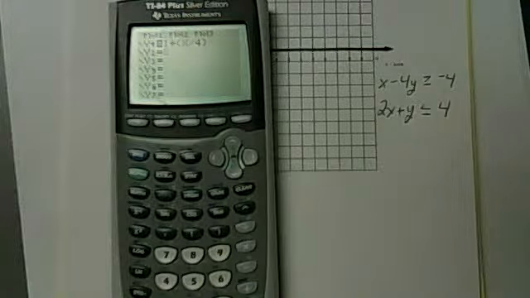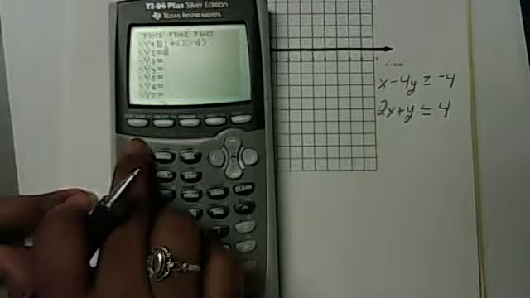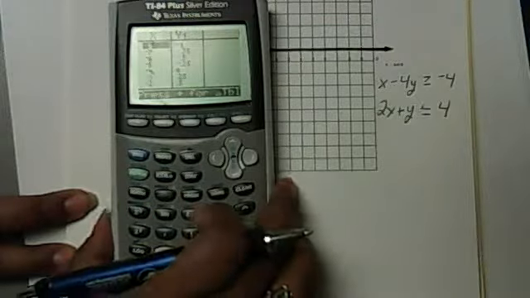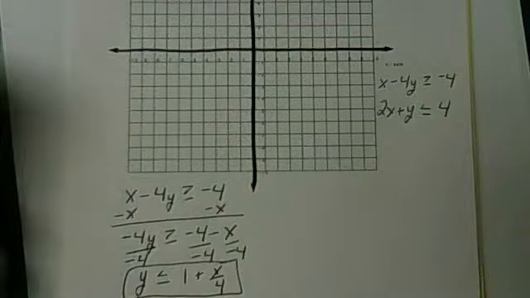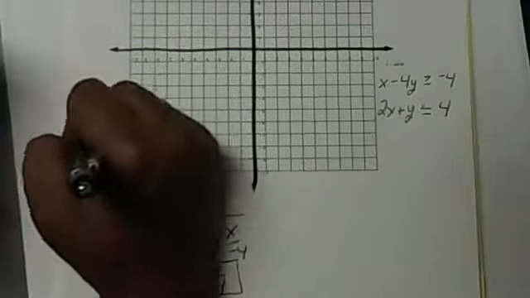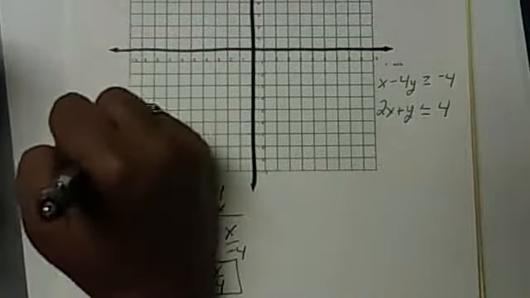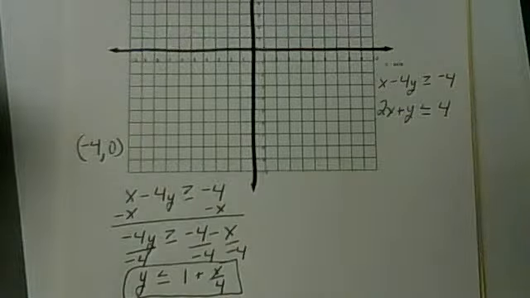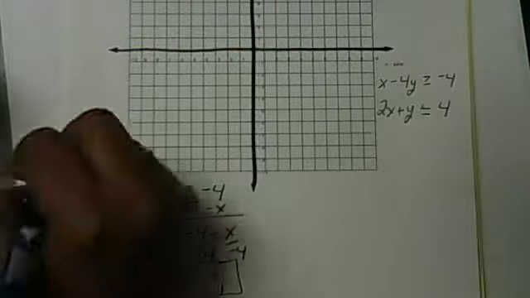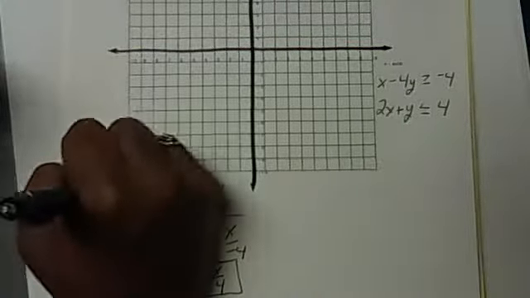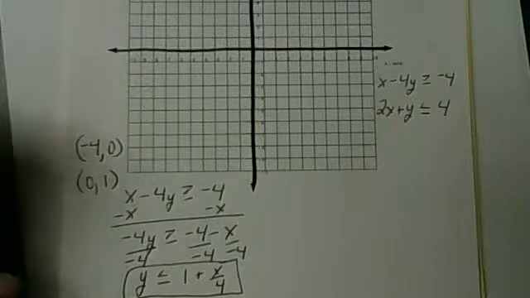Now I'm going to go to the table to find my 2 points. I have negative 4, 0 that I can use, and I can use 0, 1, sorry. Alright, I can use those 2 points.